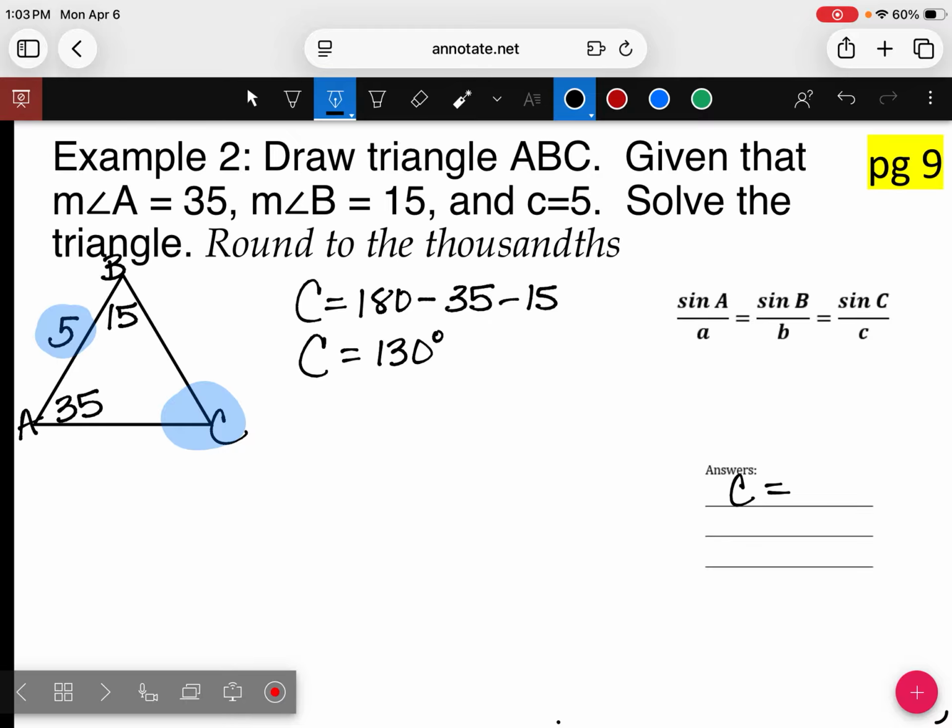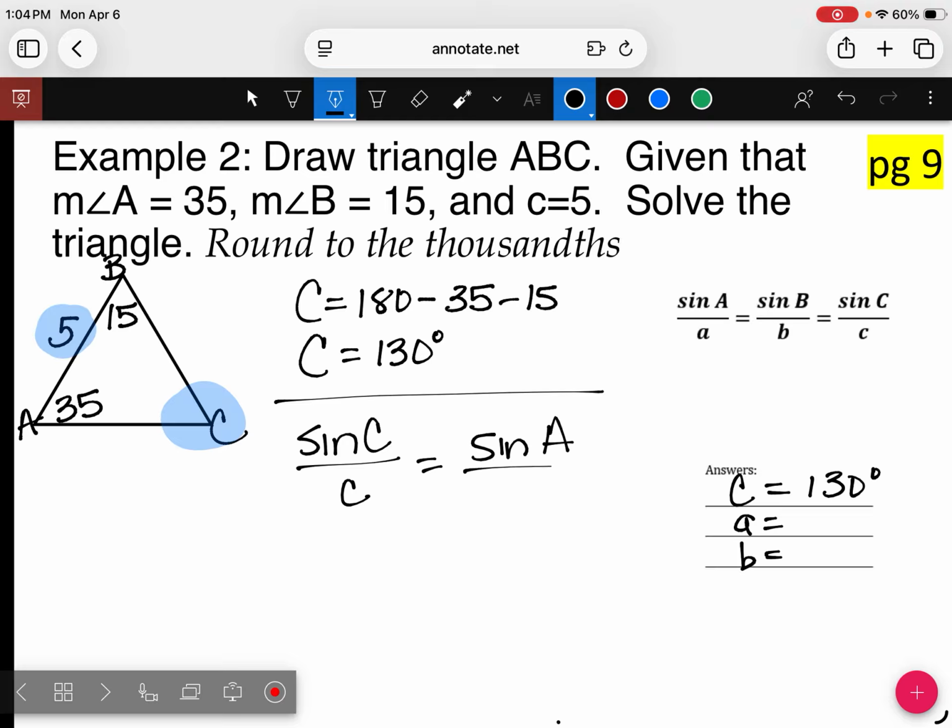All right. So now we got to find little a and little b. So in order to find little a, I'm going to set it up. Sine of big C over little c equals sine of big A over little a. So let's set that up. Sine of 130 over 5 equals the sine of 35 over A.